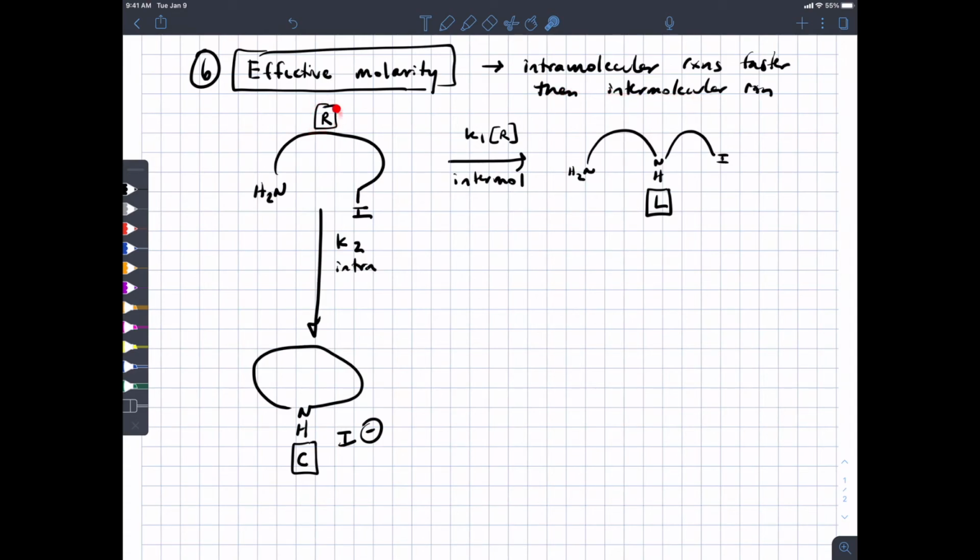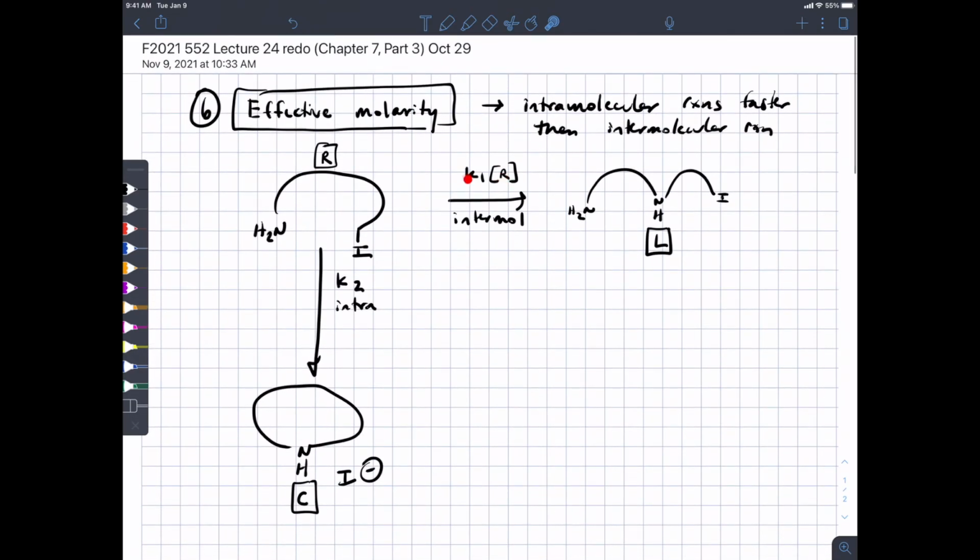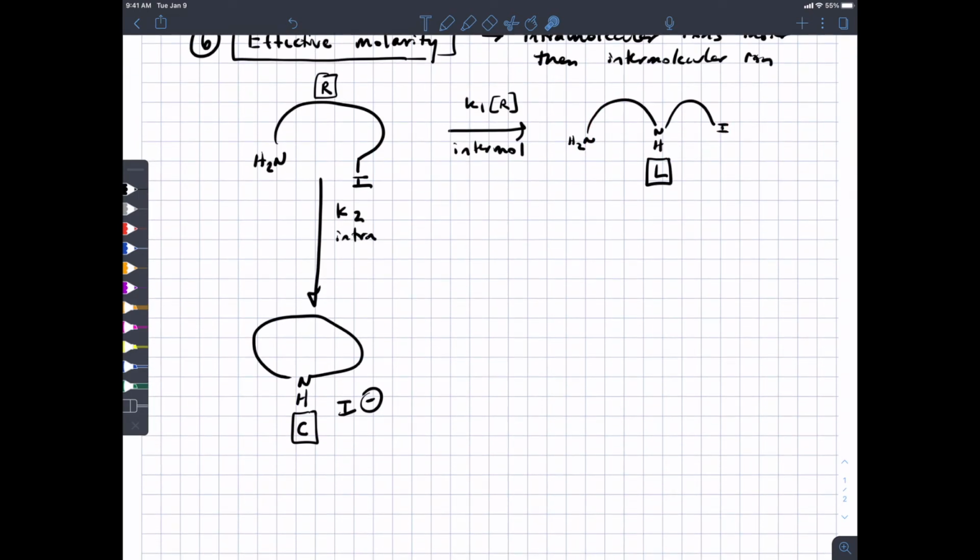So here's starting material R, which has both a nucleophile and a leaving group in it, and there's two potential reaction pathways. R reacting with another molecule of R, with rate constant K1, gives the linear product, and R reacting with itself via rate constant K2 gives the cyclic product.